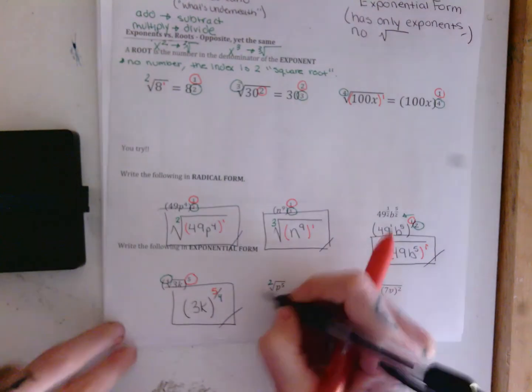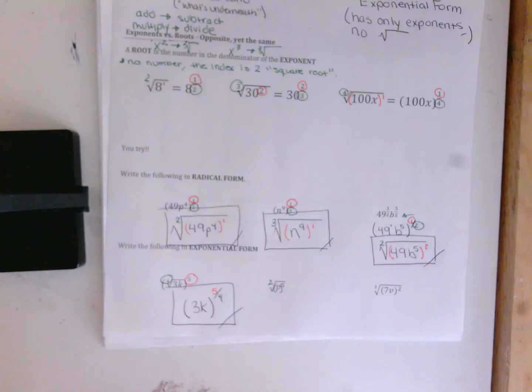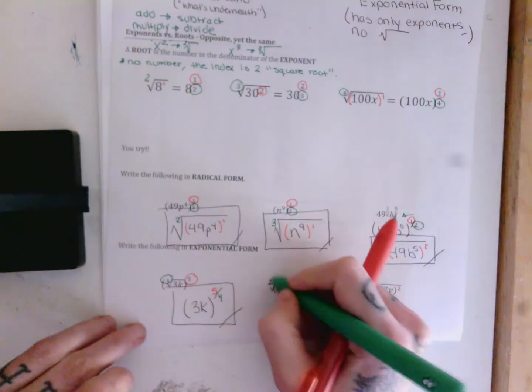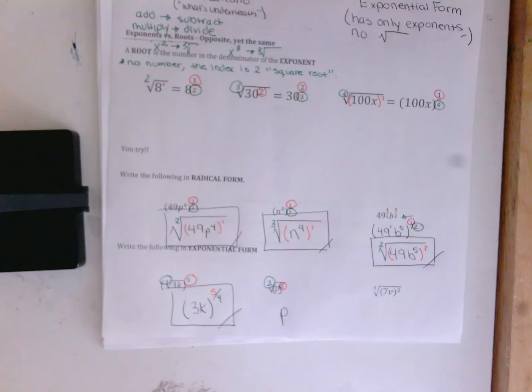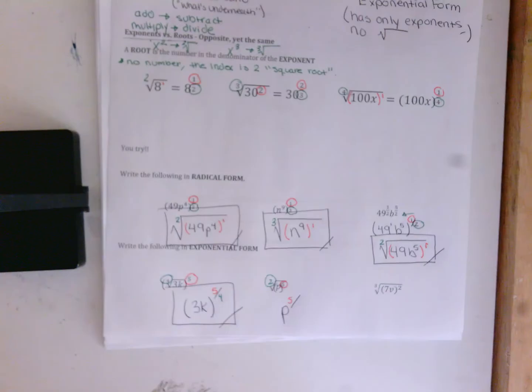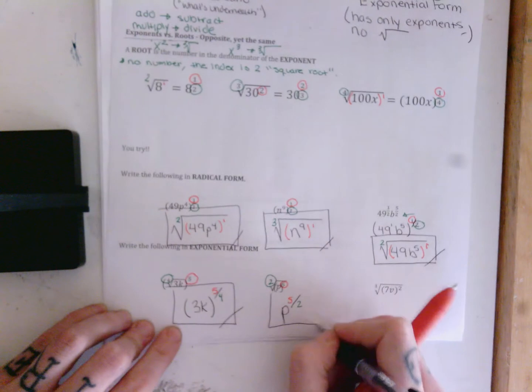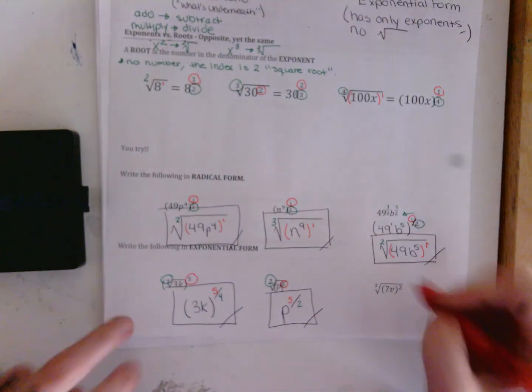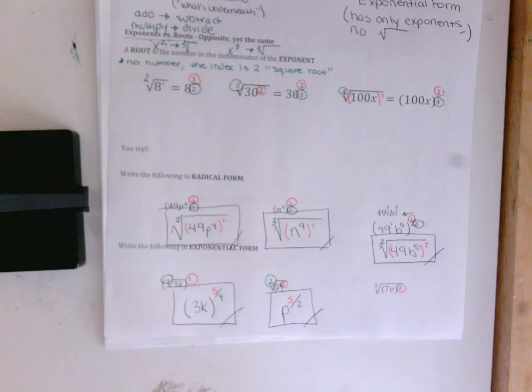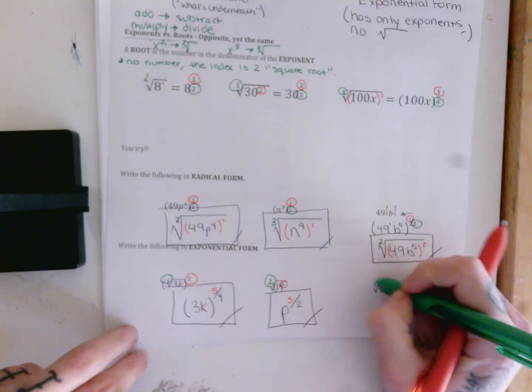Now this is a little bit trickier. If I throw some parentheses on here, we can see that the power and the root, and we'll have the radicand the same, the power and the root. Okay, here we've got the power, here we've got the root.